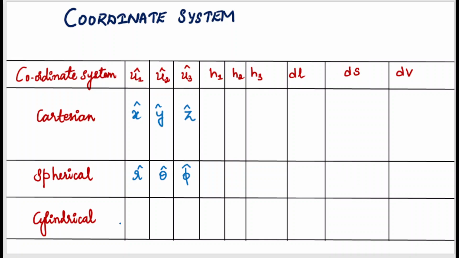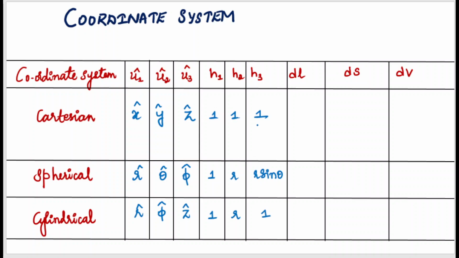In the cylindrical coordinate system, it is r cap, phi cap, and z cap. Right. Now, h1, h2, h3 are the multipliers. For the Cartesian coordinate system, it will be 1, 1, 1. For the spherical coordinate system, it will be 1, r, and r sine theta. And for the cylindrical coordinate system, it is 1, r, and 1 again.